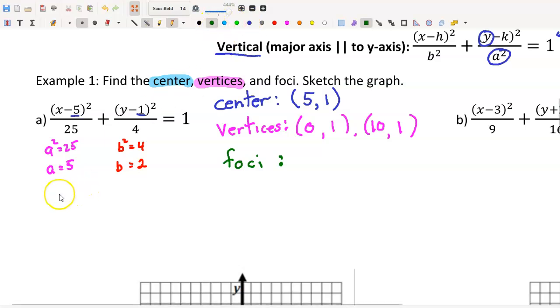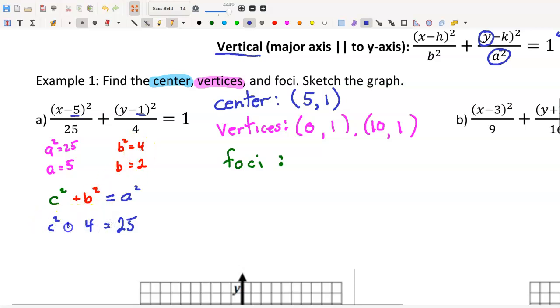So we have our C squared plus B squared equals A squared. A squared is 25. B squared is 4.